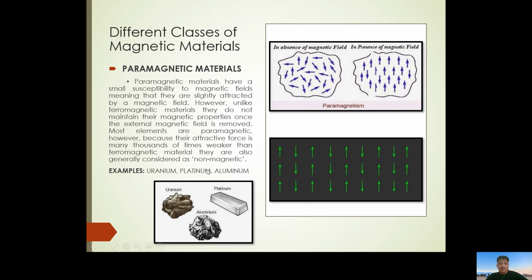So these paramagnetics are non-magnetic materials. If you have aluminum materials in your house, just try using magnets on them, and you can observe that they are not attracted to it, because they are paramagnetic materials.